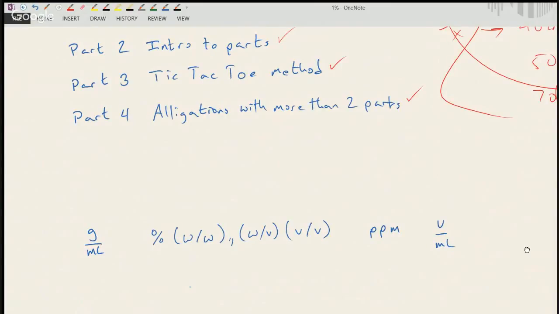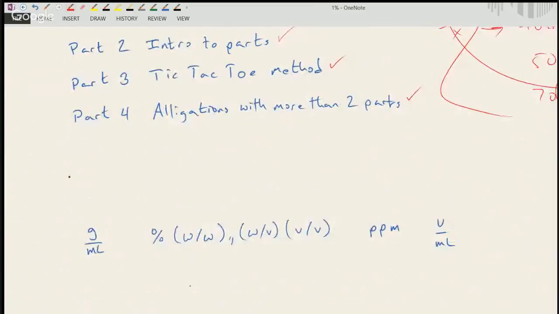For instance, if I were to say that I have 1 gram of miconazole in a 30-gram tube, then what I am saying is that I have 1 gram per 30 grams of miconazole.